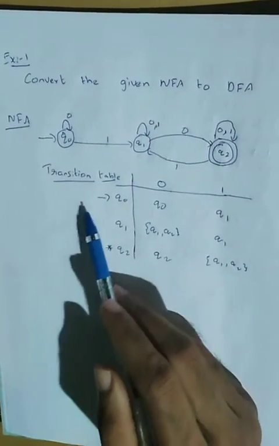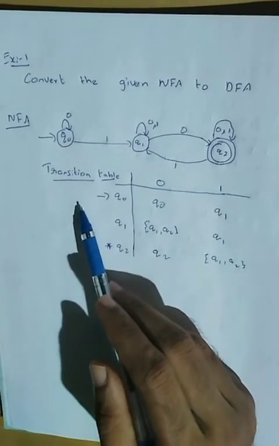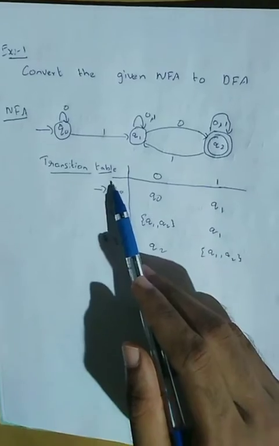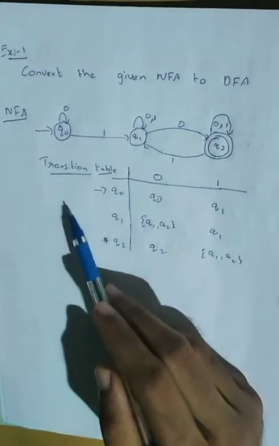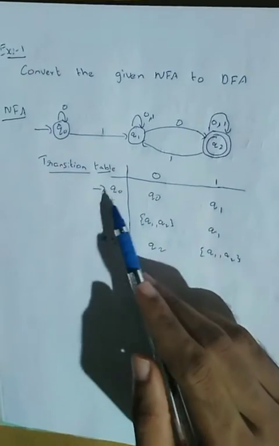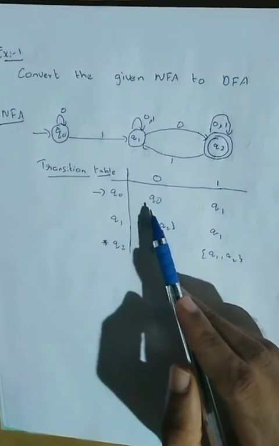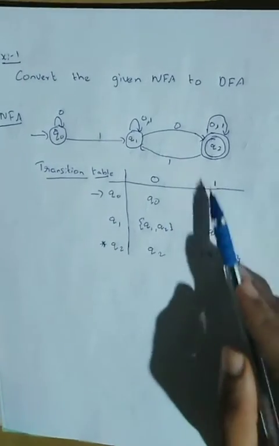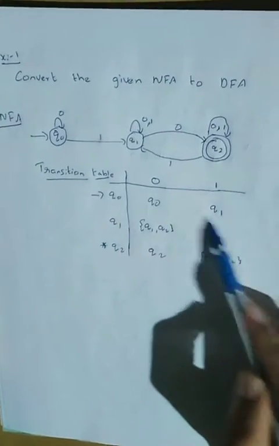Now we have to draw the transition table for the transition diagram of the NFA. We take the states on one side and the inputs 0, 1 on the other side. Q naught with 0 as the input stays in Q naught, and with 1 as the input it goes to Q1.